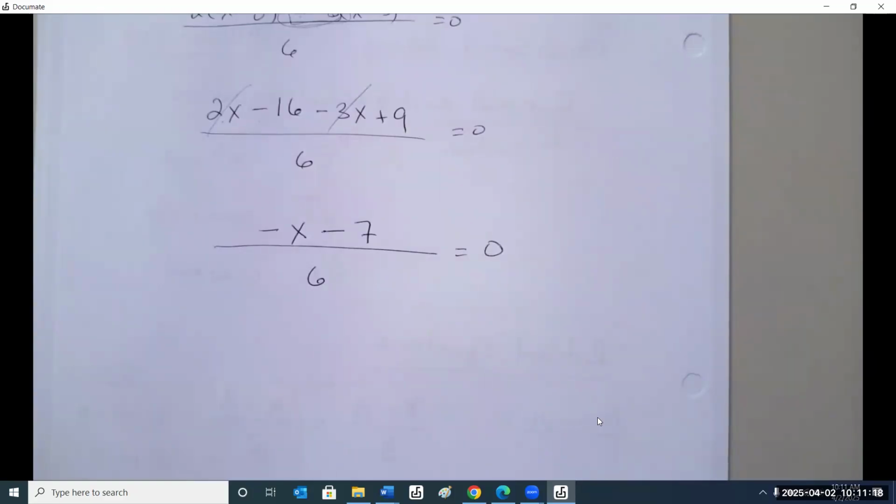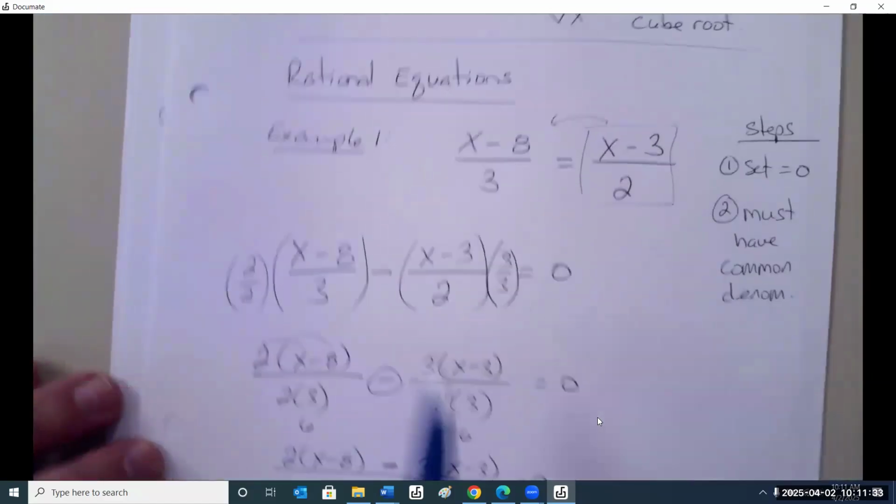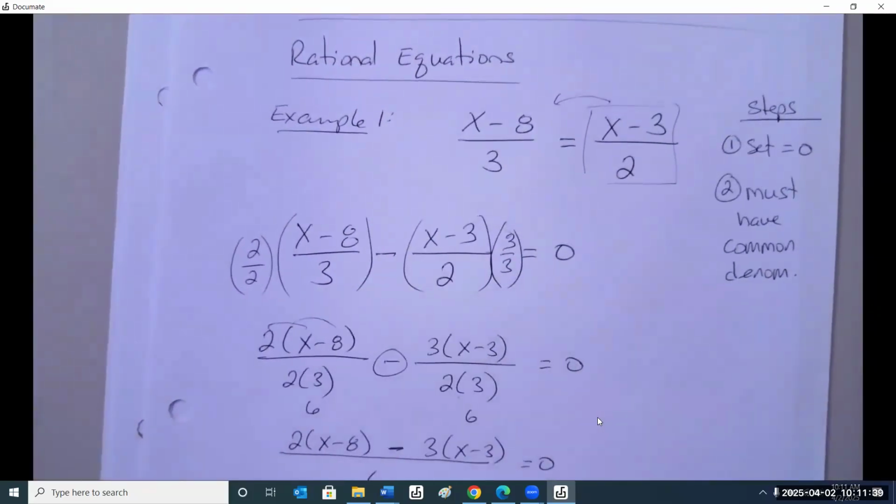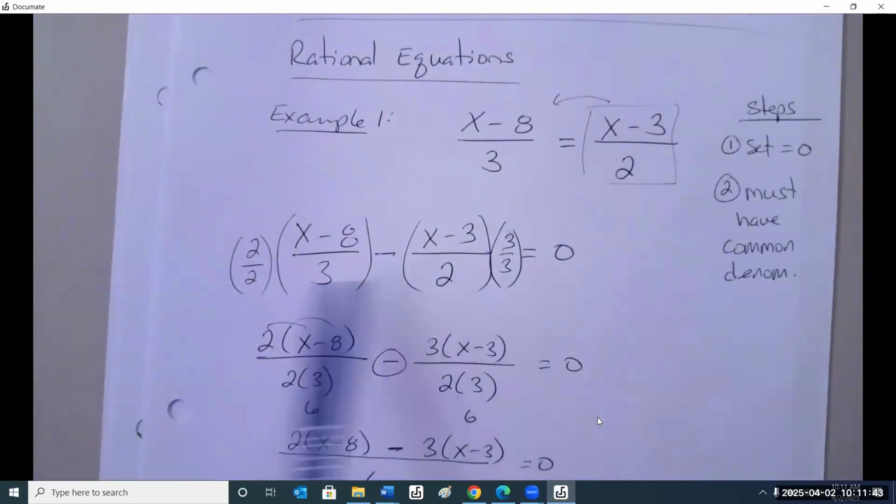Anybody notice what I did wrong? Bottom middle. Right here. I started off, we have to get a common denominator, but this is not how you do it.